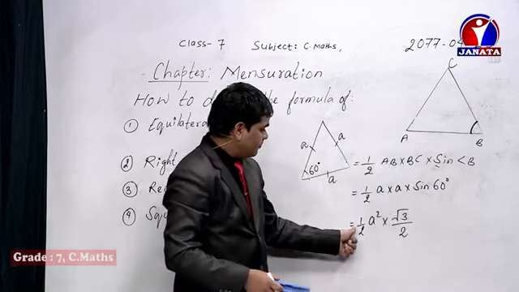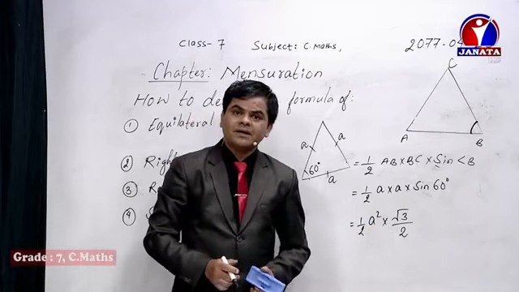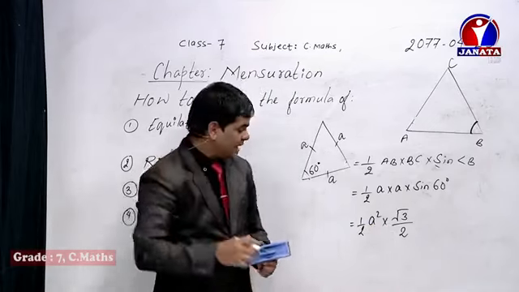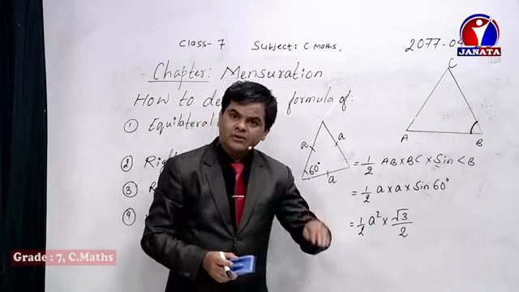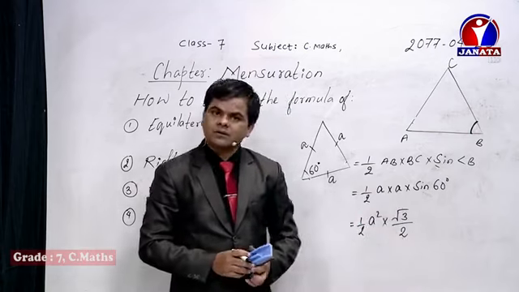Now when we multiply fractional numbers, the numerator should be multiplied with the numerator, and the denominator with the denominator.